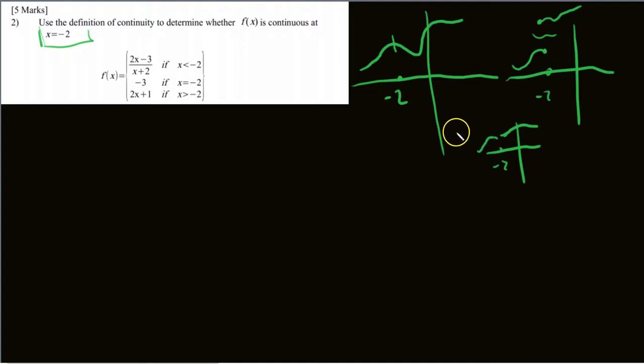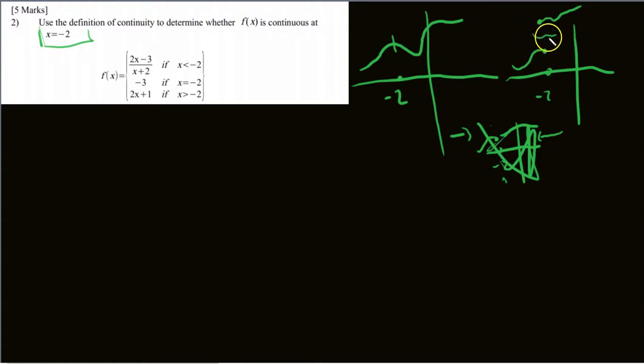If you were to take the limit as x approaches -2 from the left, you would have a value here, and if you take it from the right, actually this is not a good example.